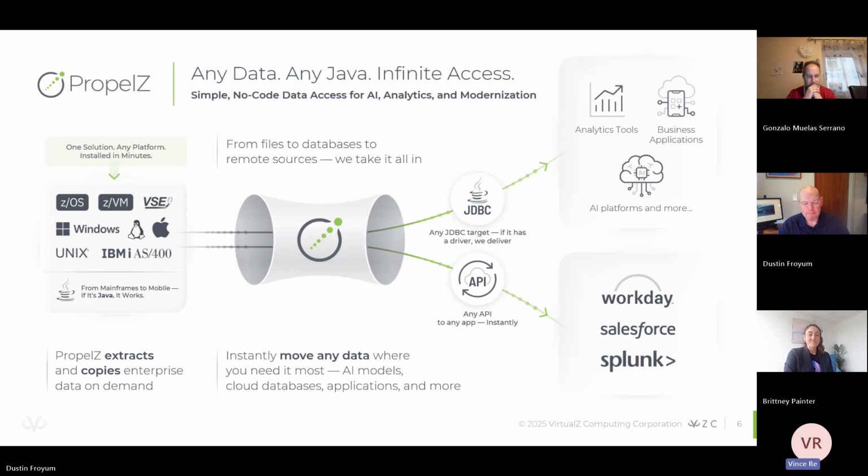Traditionally on z/OS, this could be VSAM files, management data, database records, all sorts of different diverse data. So the input stage is all about how do I connect to my data and understand it.